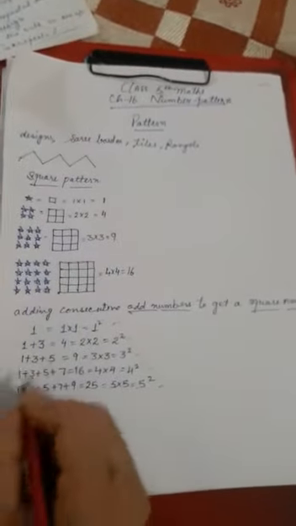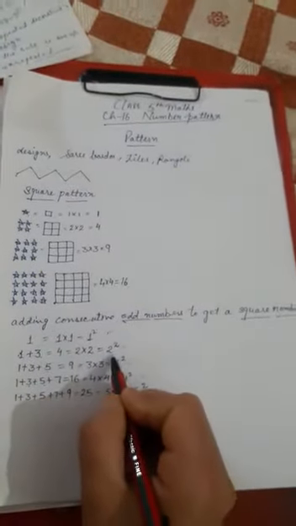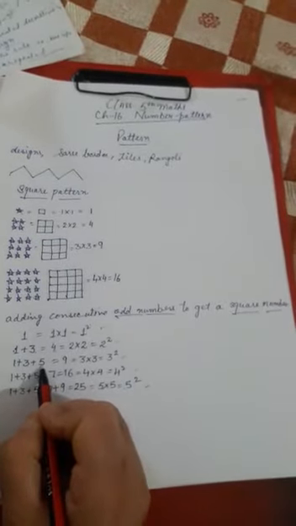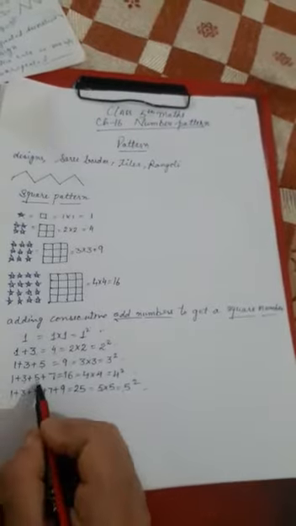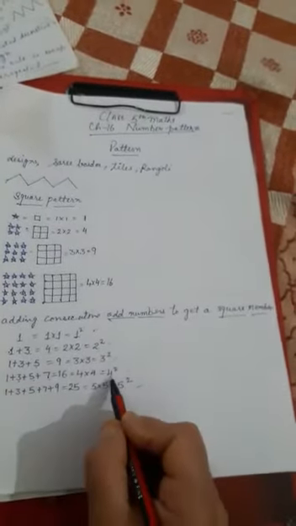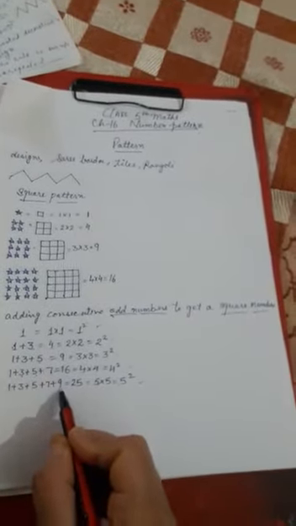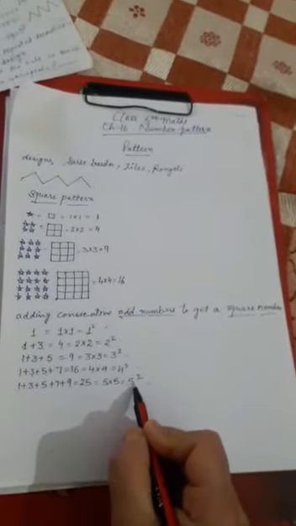Now see, 1 plus 3 is equal to 4, which is a square number. 1 plus 3 plus 5, adding these 3 odd numbers, we get a square number. 1 plus 3 plus 5 plus 7, adding these 4 odd numbers, we get a square number. 1 plus 3 plus 5 plus 7 plus 9, adding these 5 odd numbers, we get a square number.